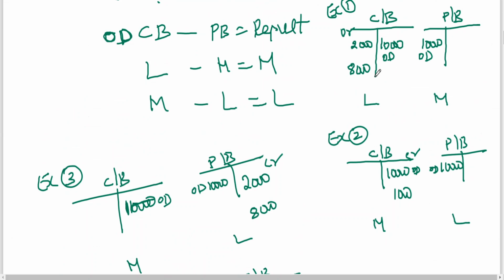In case of OD, if deposit is there in cash book, OD is less, which is opposite. In case of favorable balance, what we have assumed, if it is a deposit, the book where you record the deposit, the cash book balance or passbook balance will be more. But if payment is there in cash book, the balance will be less. But if payment is there in cash book, OD is showing more.